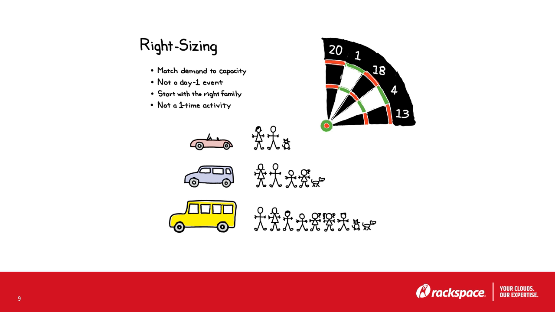Right-sizing is really about choosing the right instance, and a lot of it depends on the information that you currently have. It usually depends a lot on where you are in your development and product cycle, where you're coming from, and what information you have about your workload.